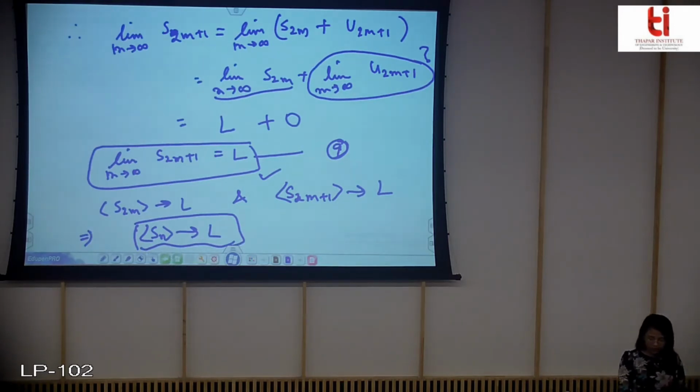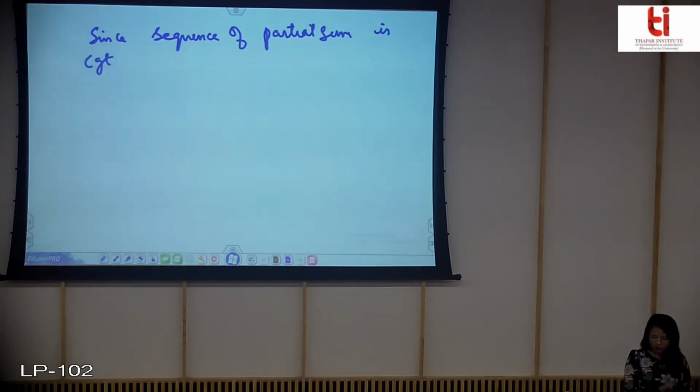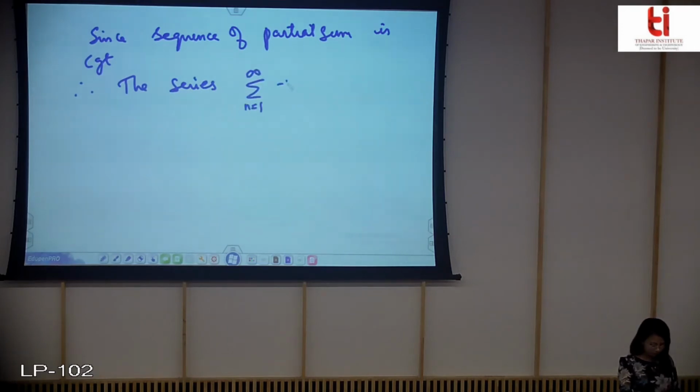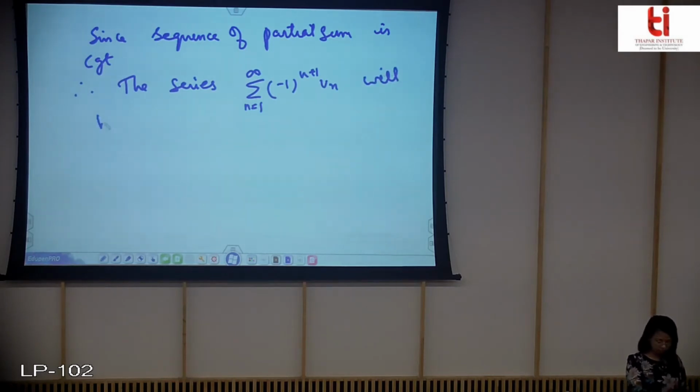Therefore you will write, since the sequence of partial sums is convergent, this you have shown from this, therefore the series, that is your original series, is also convergent.